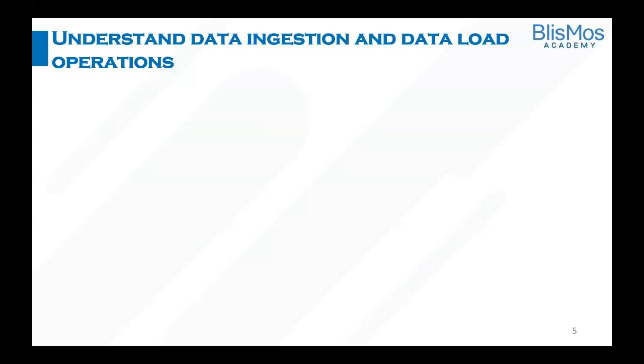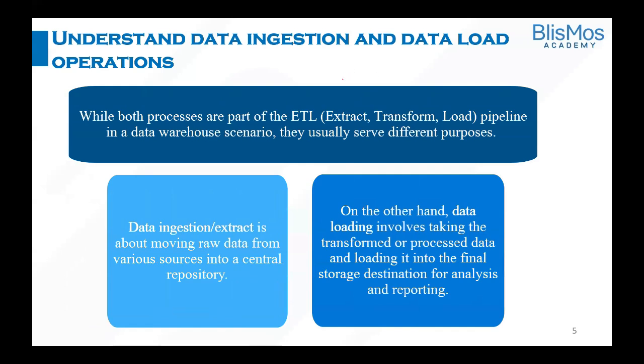You're almost there. Both the processes are part of the ETL pipeline. Ingestion is more of, as Parveen rightly said, extracting and moving the raw data from various sources into the central repository. When I say load, I am referring to the loading of the transformed or processed data into the final storage destination. Look at the words which I am using.